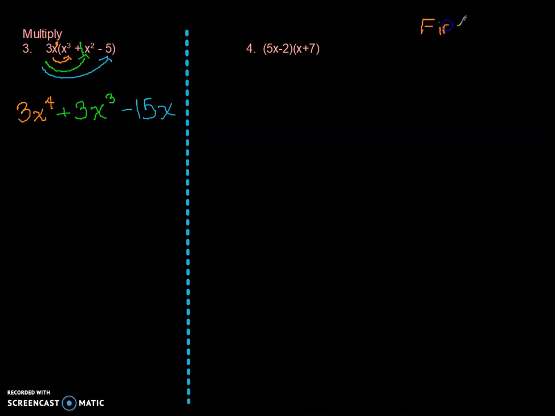And FOIL again means first, outer, inner, and last. So first, I'm going to multiply the first term in each parentheses, 5x times x.